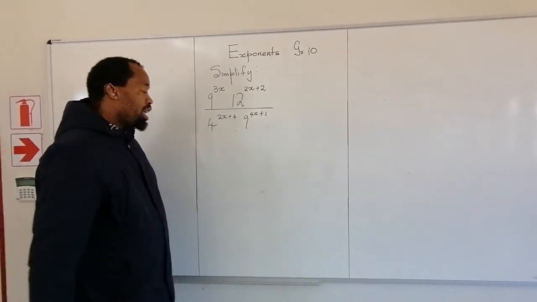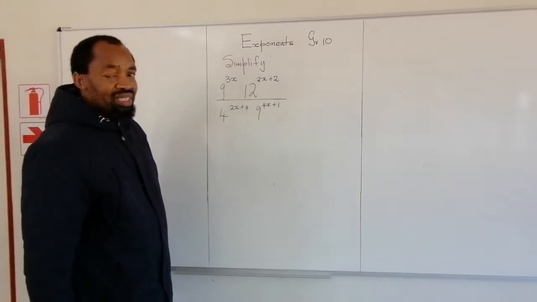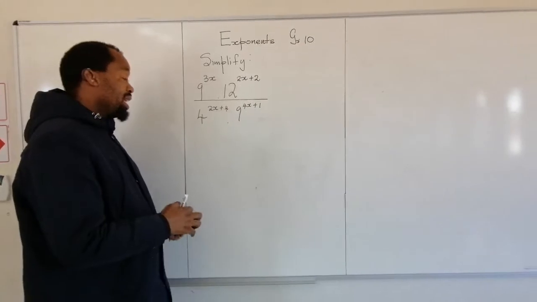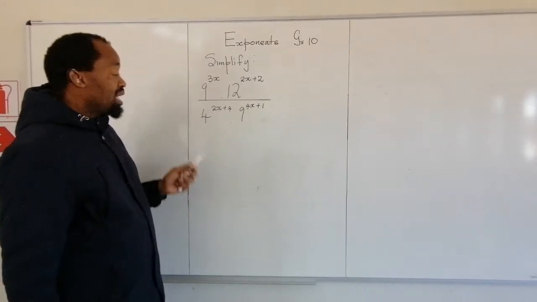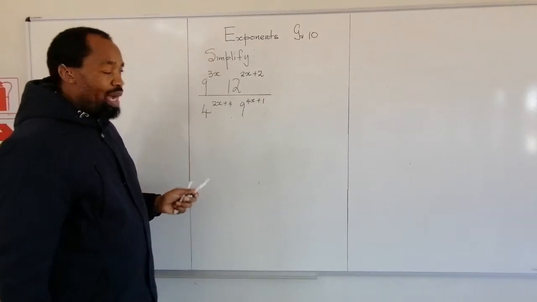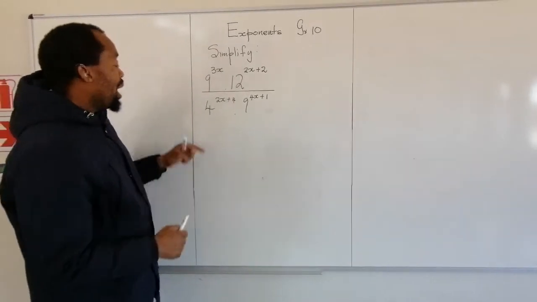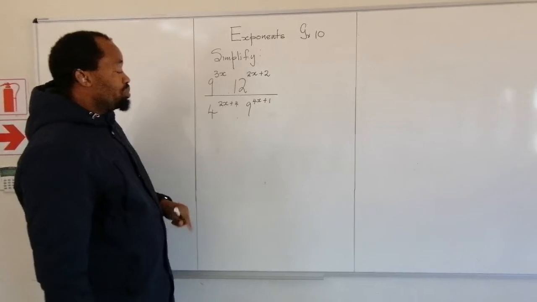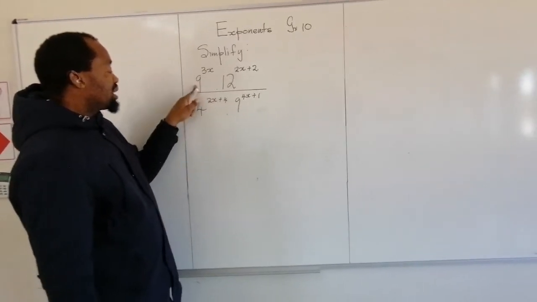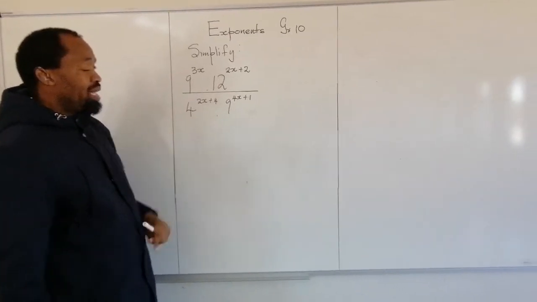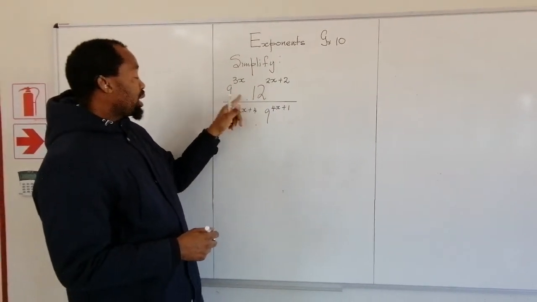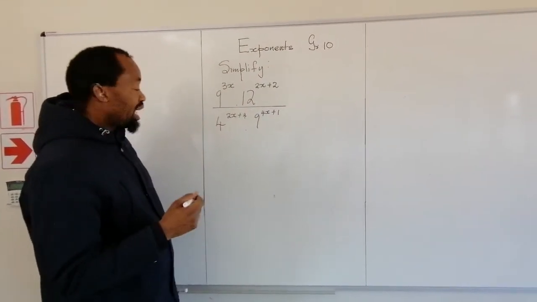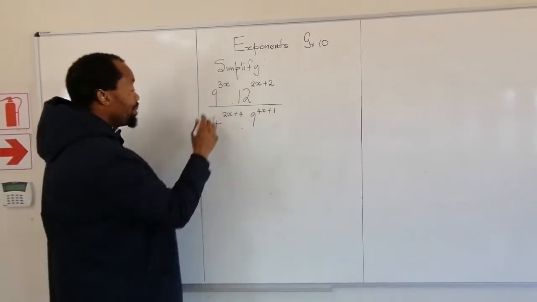Now, I'm going to take you through this problem step by step, and I will show you all the laws of exponents that are applied here, which you must know. Number one, I said these must be written as prime numbers. You see 9, 12, 4, 9 are not prime numbers. Now, I'm factorizing 9 in such a way that it is a prime number.